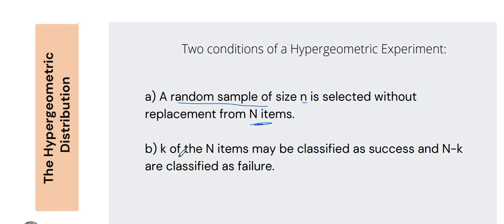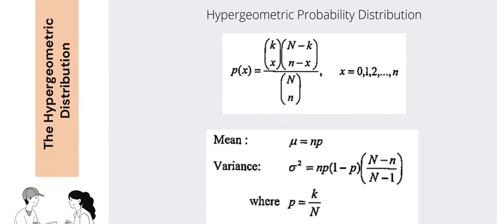The second condition: K of the n items may be classified as success. So here we also find the probability of success and failure, but it uses a different alphabet. It is no longer P and Q, but it uses K. This is the formula that we use to find the probability for hypergeometric.